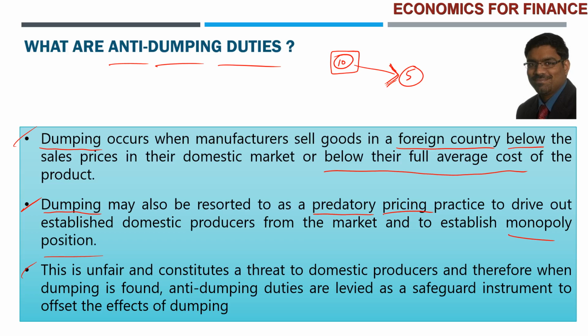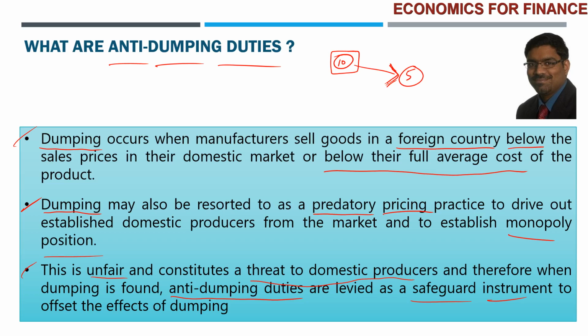But this dumping is unfair and it constitutes a threat to the domestic producers. Of course, yes. And therefore, when the government feels that a manufacturer from a particular country is resorting to dumping, what is the response of the government? It will levy anti-dumping duties as a safeguard instrument to offset the effects of dumping.